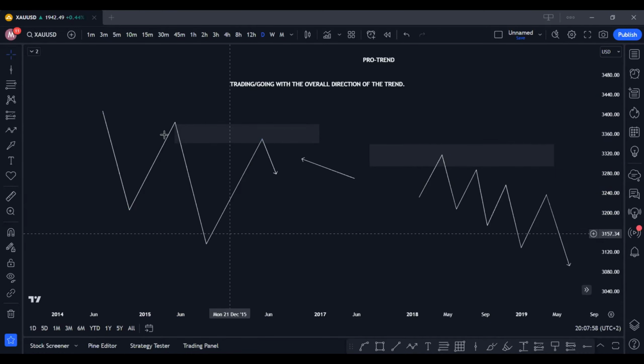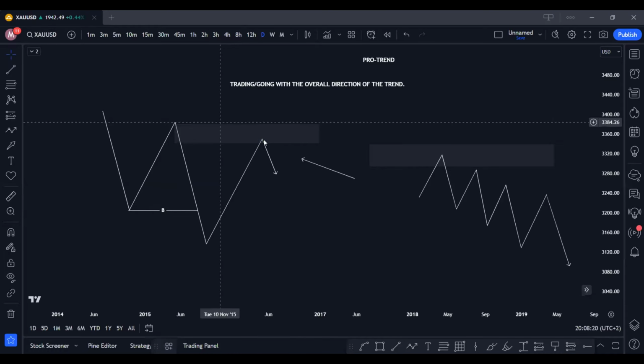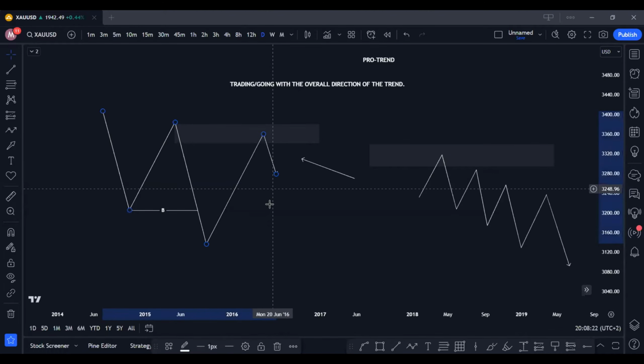For instance, here we are in a bearish trend, whereby we are creating our lower highs and lower lows, meaning that we are disrespecting our lower lows, creating our break of structure here, and we are respecting our lower highs.